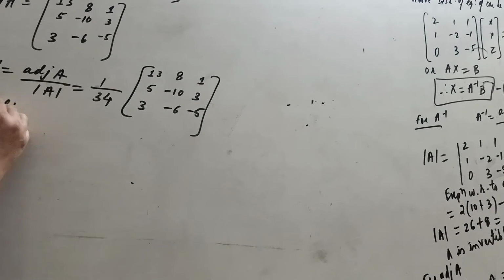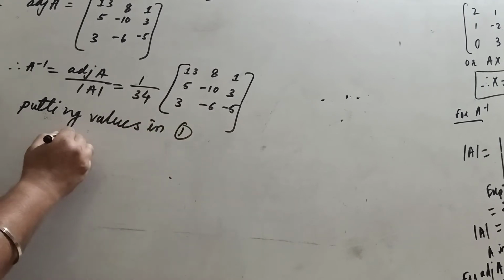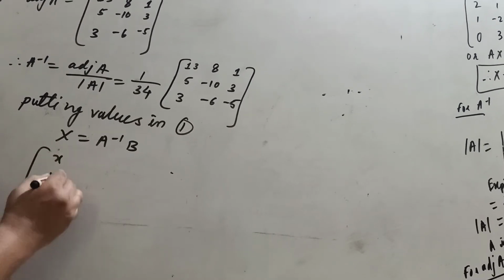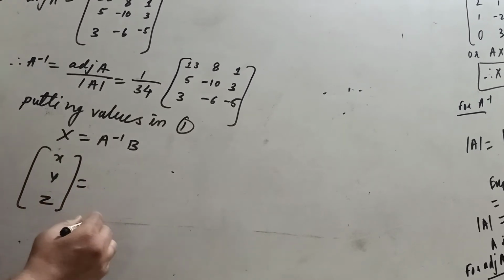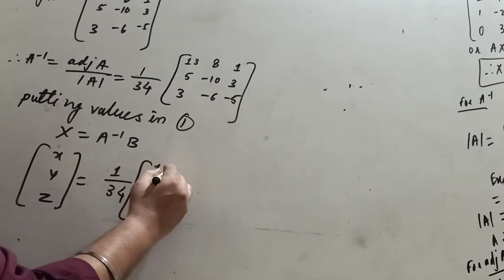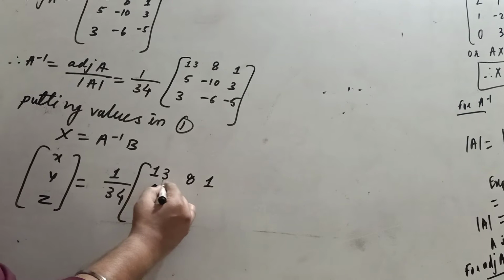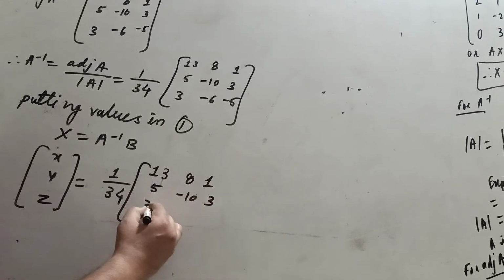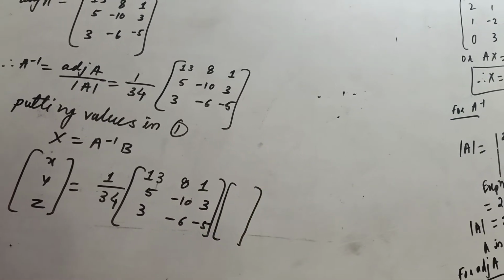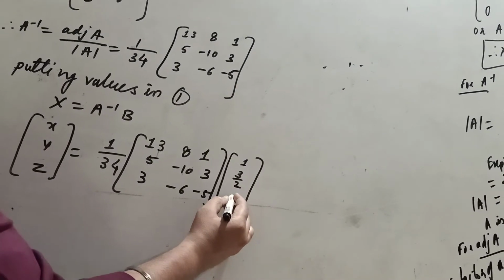Putting values in 1, equation 1 was X equal to A inverse B. X is the matrix of variables x, y, z. A inverse is 1 upon 34 times the matrix 13, 8, 1, 5, minus 10, 3, 3, minus 6, minus 5, and B is the right hand side values: 1, 3 by 2 and 9.